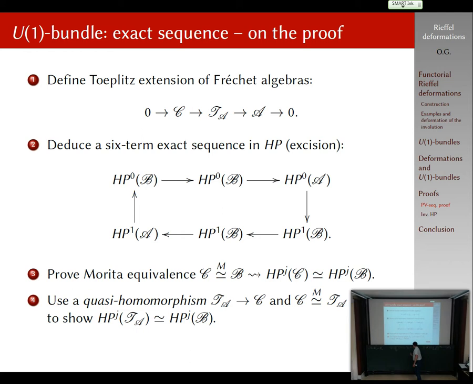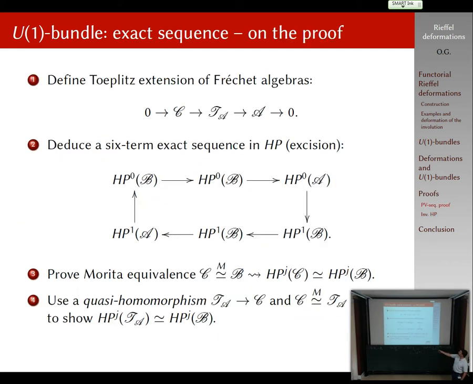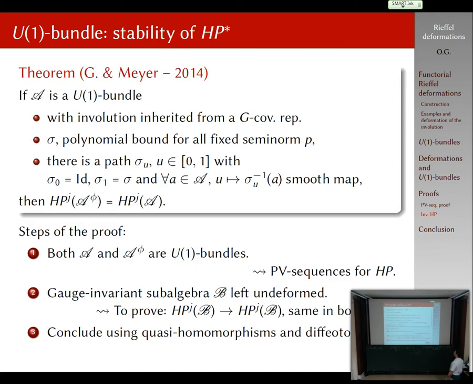This is essentially what C is. And that's precisely why I was introducing this, because to prove this, we need to understand what the maps here are. And so that's what we do to prove that these maps are invariant.